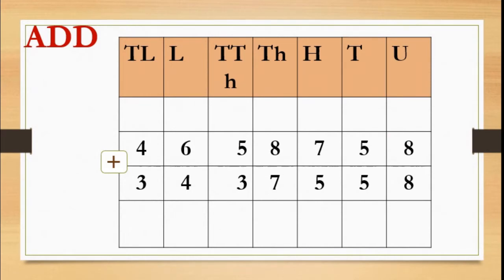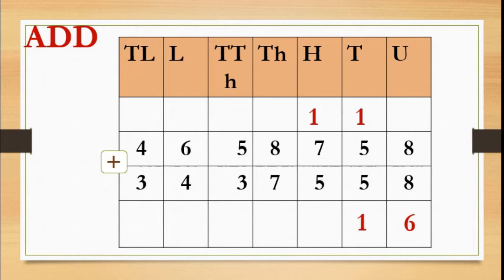Yes students. Now here we have taken a 7-digit number. Same thing, we will start from the units place. 8 plus 8 means 16. So 6 we will write down and 1 in the tens place is carried over. Now here 1 plus 5 plus 5 is 11.